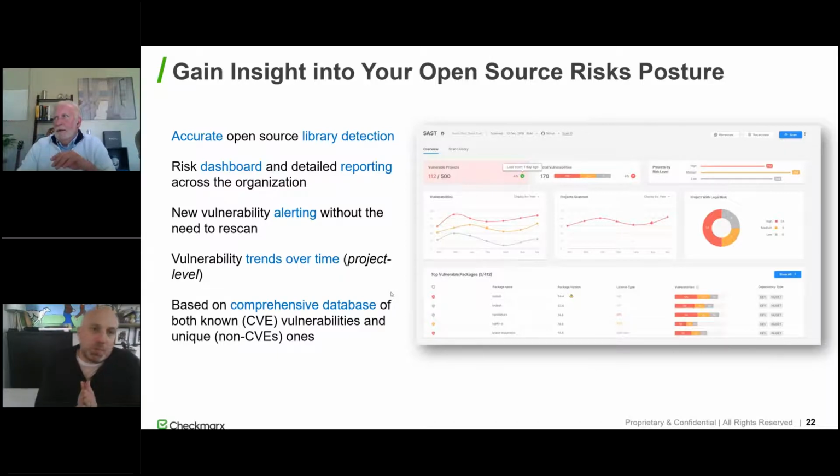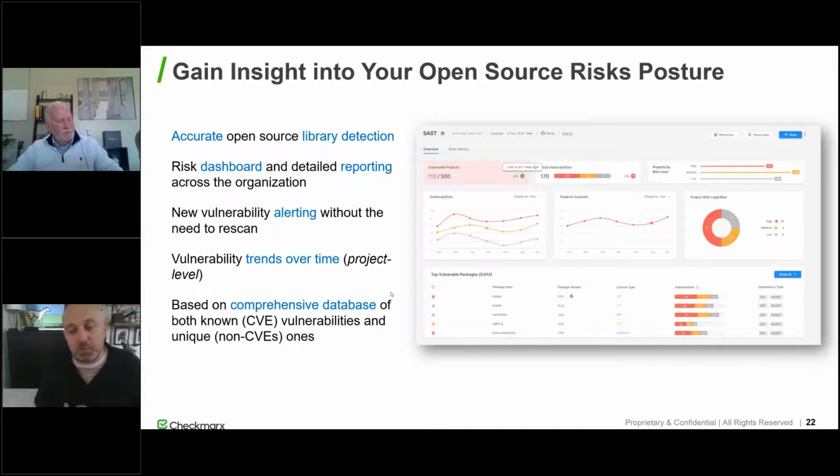So with Checkmarx, you definitely want to get a bird's-eye view. When someone first comes to any kind of SCA vendor, they're really focused on small things. They want to know, is this specific type of vulnerability found? What should I do? But really, you want to take a step back and get a bird's-eye perspective of your application, and not only one specific application, but many applications throughout your organization.